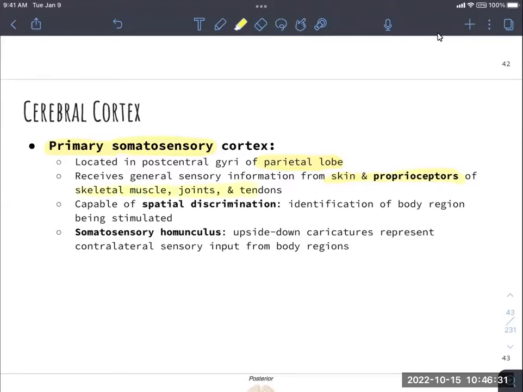You have proprioceptors in our skeletal muscles, joints, and tendons. We have spatial discrimination, how our nerves can be stimulated. Spatial discrimination lets us know where in the body something is happening.